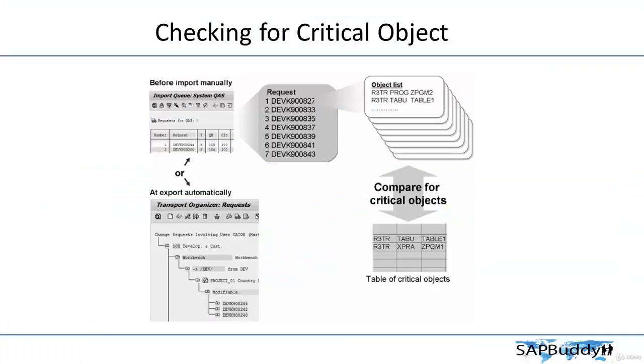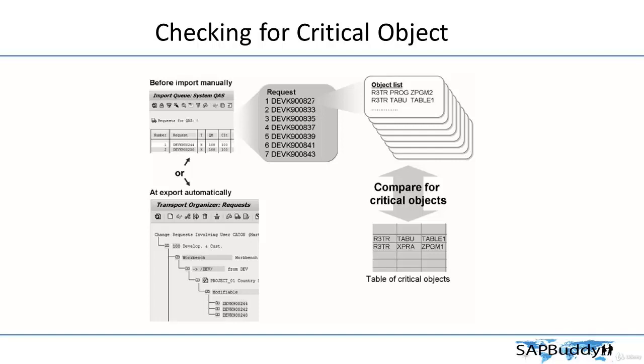Okay, now let's come back to critical object check. Basically, when you are releasing any TRs, the TRs may contain some critical objects. So it is very important that we check the critical objects in the particular TR before importing the changes. The critical objects can be checked in two different ways.